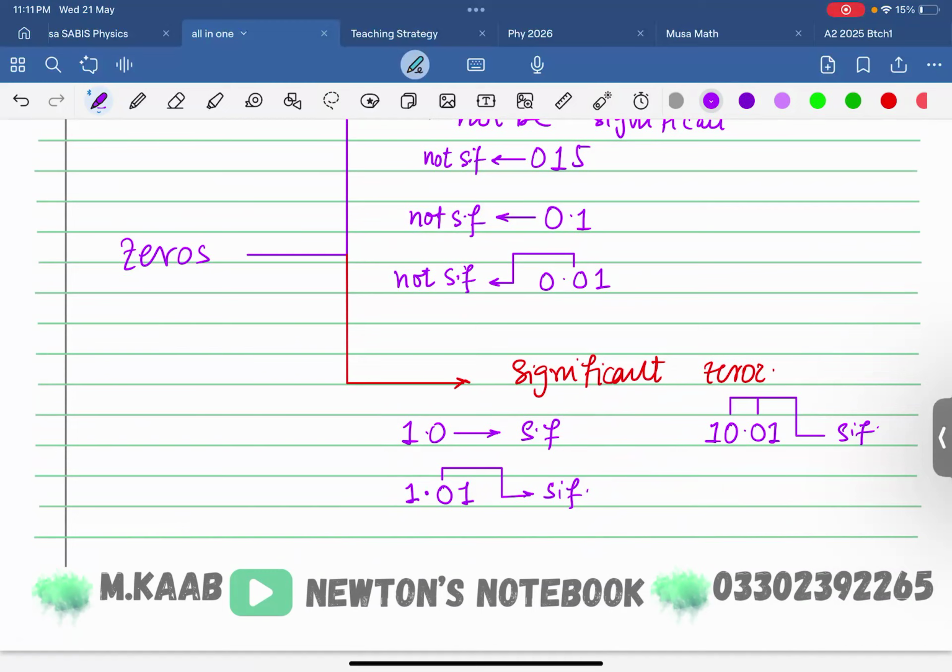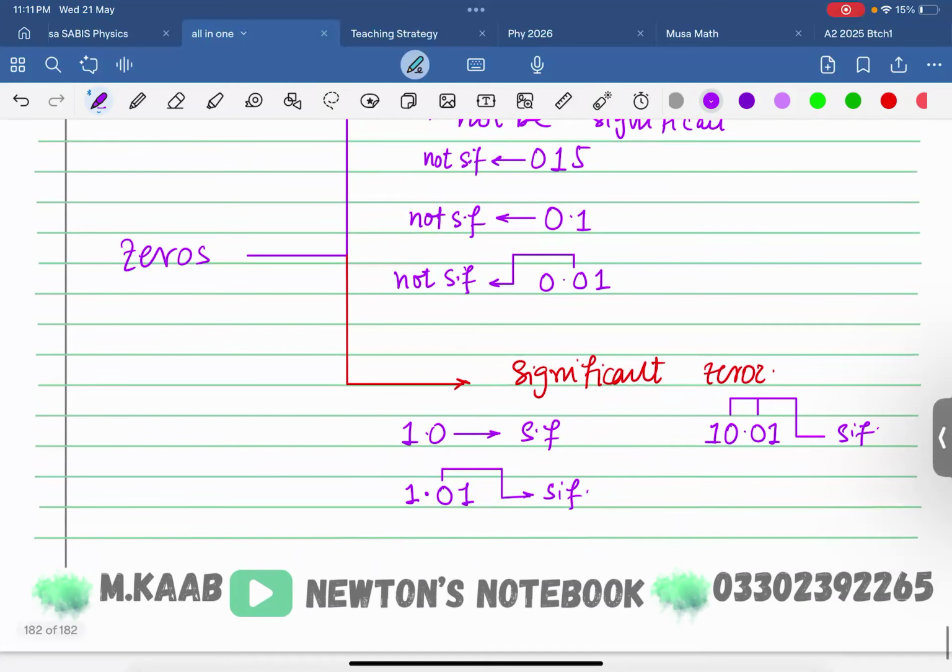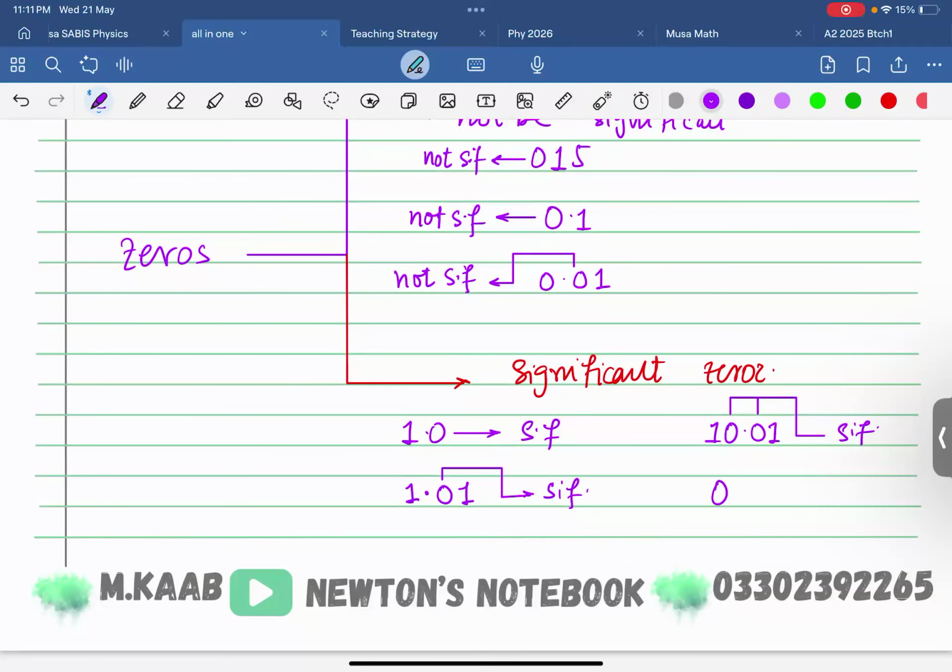And if you have the 0 like this, 0.104, okay, this 0 is also going to be significant, okay. And if you have the last case, 0.10, this is also going to be significant, okay.